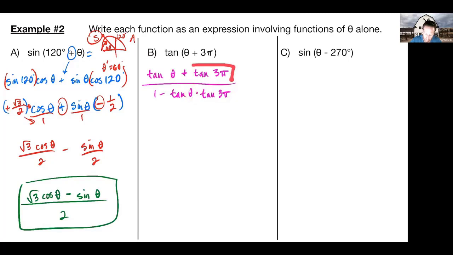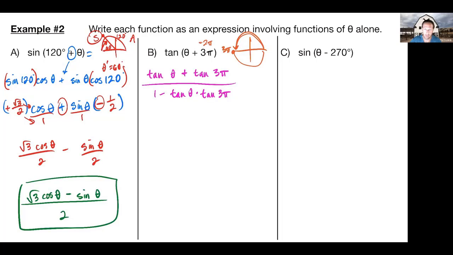So the only thing we need to evaluate is the tangent of 3 pi, which means we need to know where that is on our unit circle. So remember, 1 pi is there, 2 pi is there, so 3 pi would be right back at that 180 or pi degrees. Okay, having gone around 2 pi already.